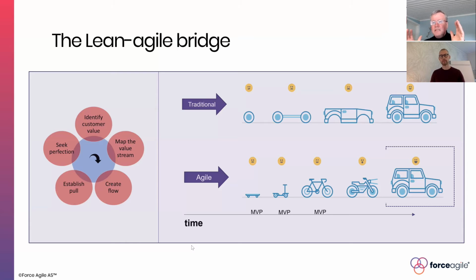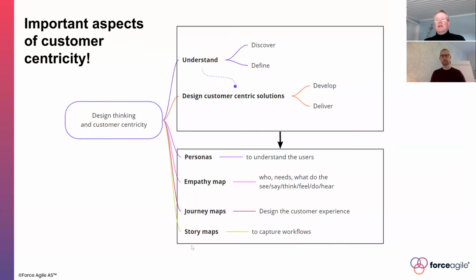So keep these two aspects in mind all the time when you are thinking about development and improvements in general. Then we come to one of the most important aspects of developing things, and that's customer centricity. We are highlighting this a little bit now, and we want you to discover this in more detail, but this is something that we would like to communicate to you: from a design thinking and customer centricity way, you should start by understanding the customer needs.